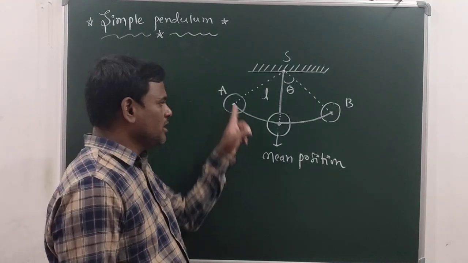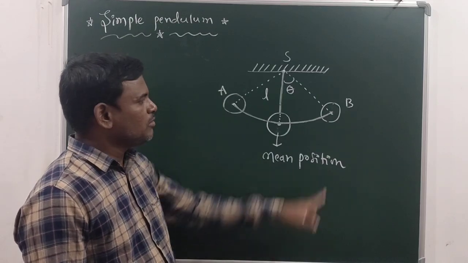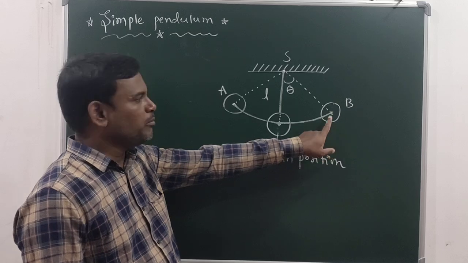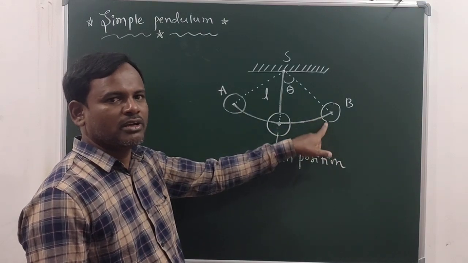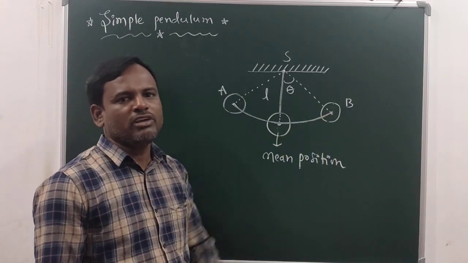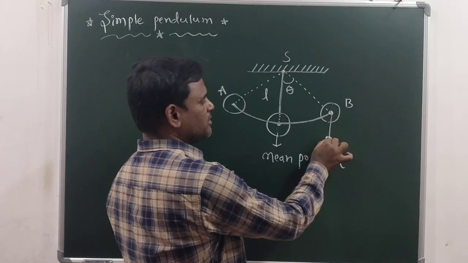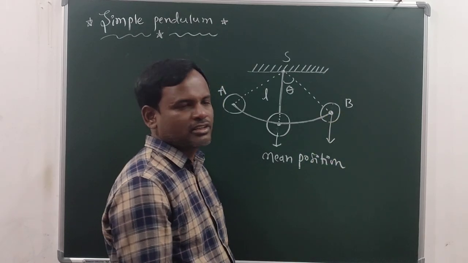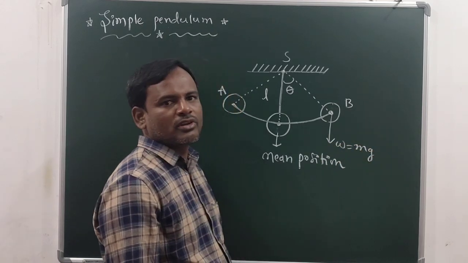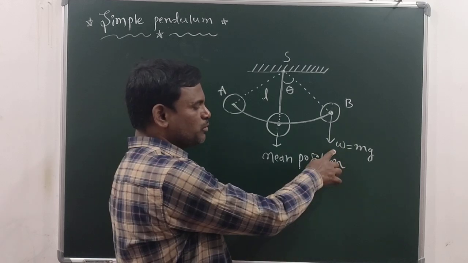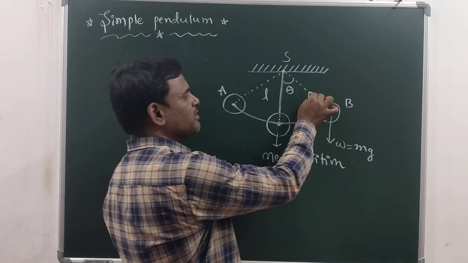See students, in this, observe the bob at any point. Now the bob is at B. I am taking this point, wherever you take, but I am taking this point B. On this bob there are two equal forces working. One is acting towards the earth due to gravity. That is called the weight of the bob, which is equal to mg. And one more force, equivalent to this, works towards S in the thread.